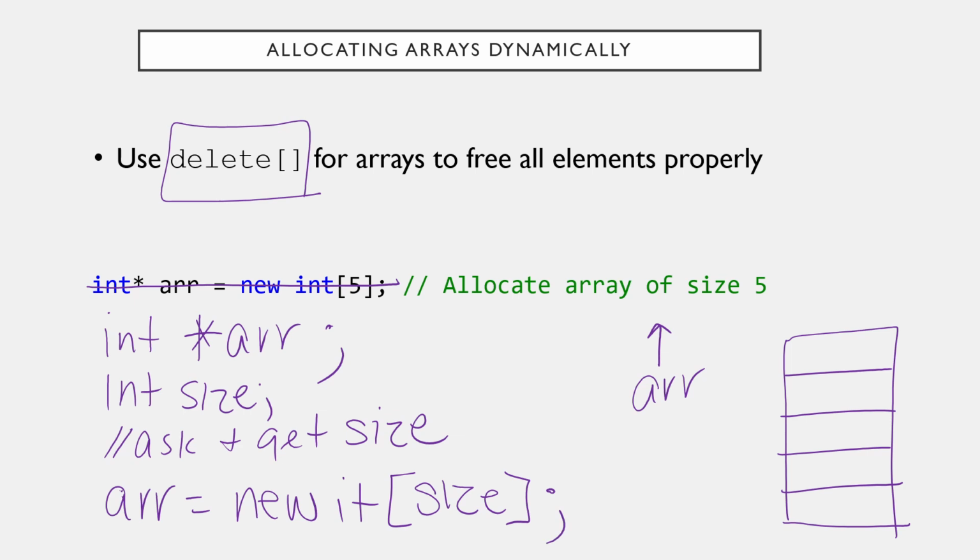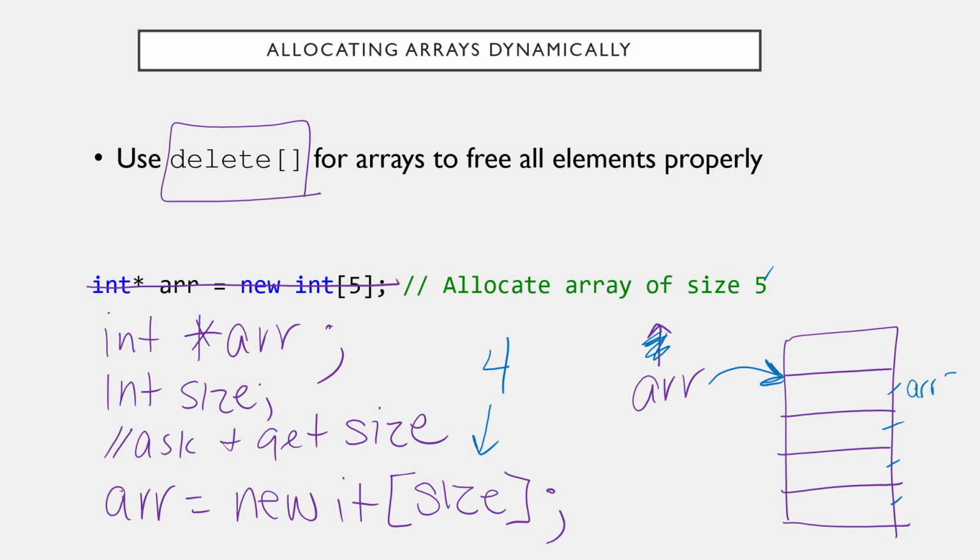So for example, if the user gave us the size 4, just going to use a different size than 5, what would happen then? We would get 1, 2, 3, 4 integers, and ARR pointer would no longer point nowhere, it would point right here. So the ARR is still a pointer, it points here.